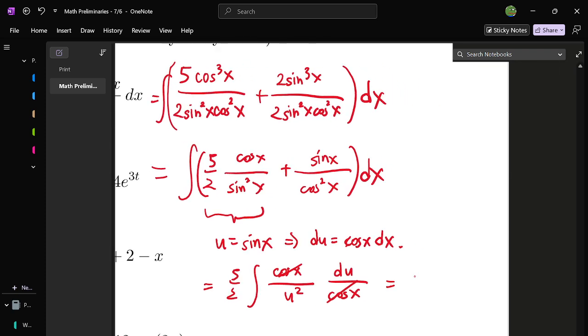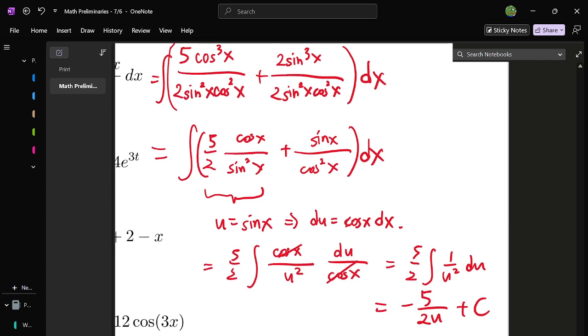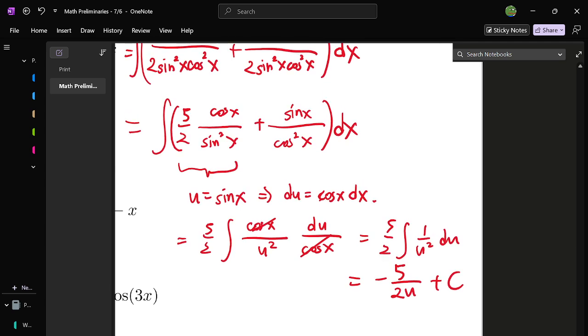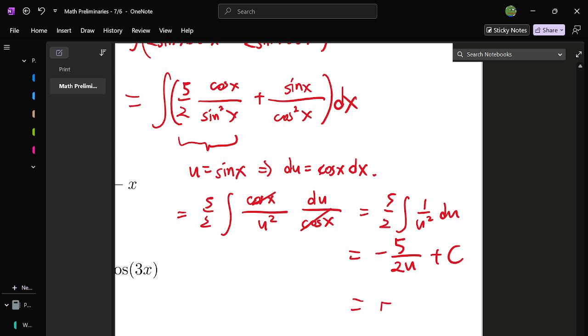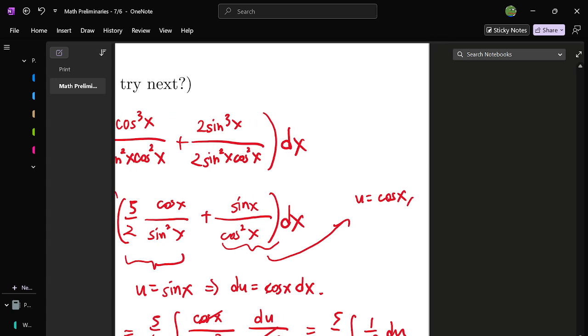Then we have 5 over 2 integral of 1 over u squared du, which is just this, plus C, of course. And we don't forget to put back the x. So this will be this. For the other one, we can do something similar. Again, the rationale is to cancel out the sin x on the top.